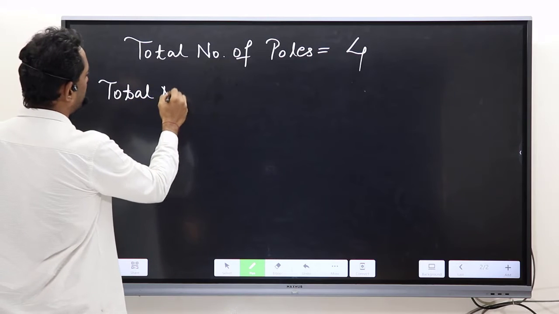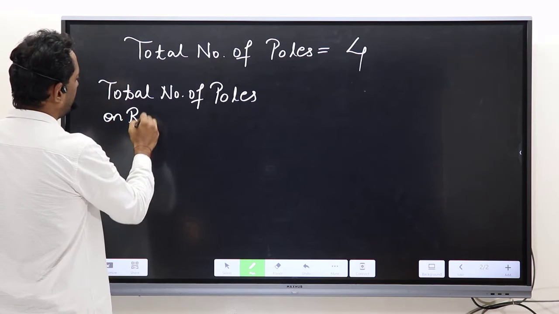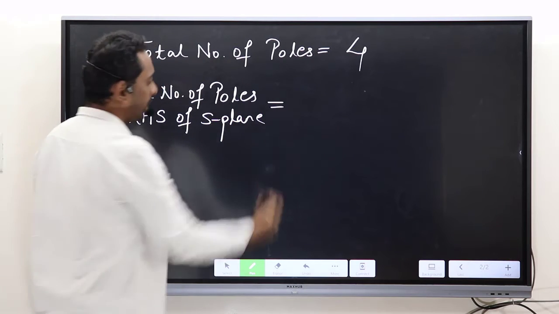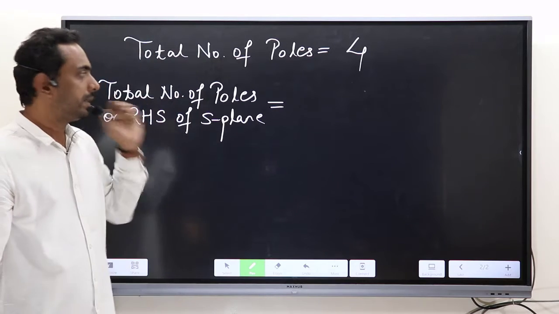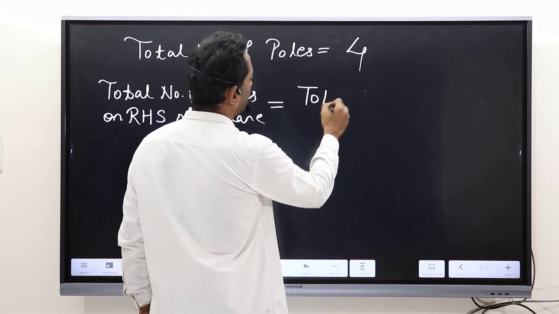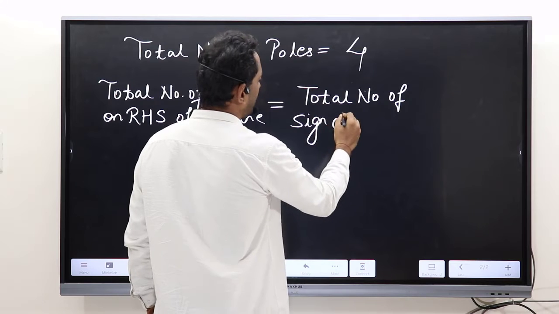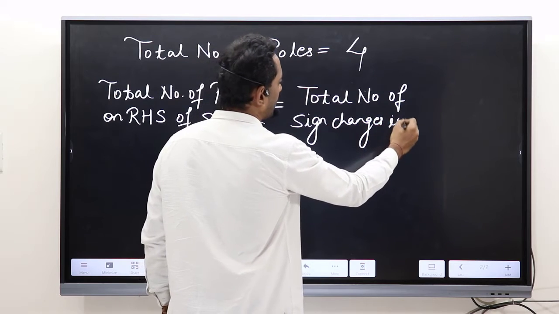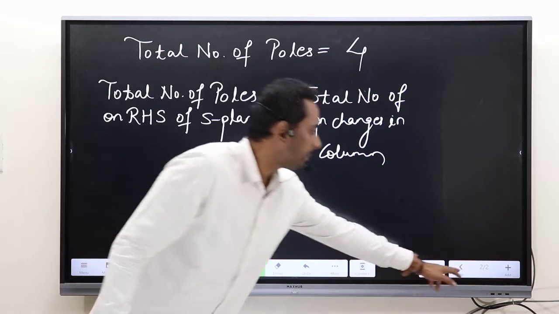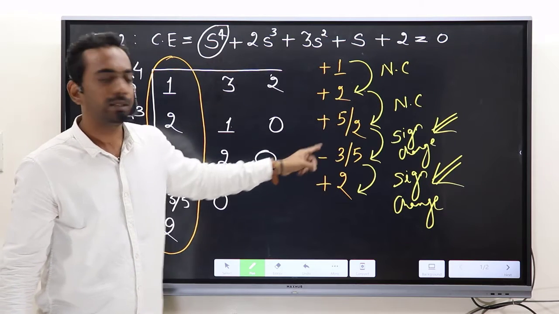Total number of poles on right hand side of S plane is equal to the total number of sign changes in the first column. कितने बार साइन चेंज हो रहा है in first column? 2 times. +5/2 से -3/5 and -3/5 से +2.